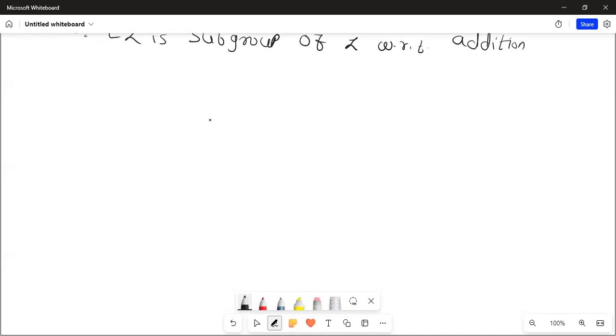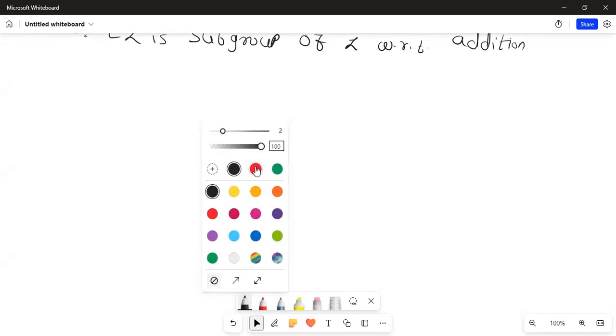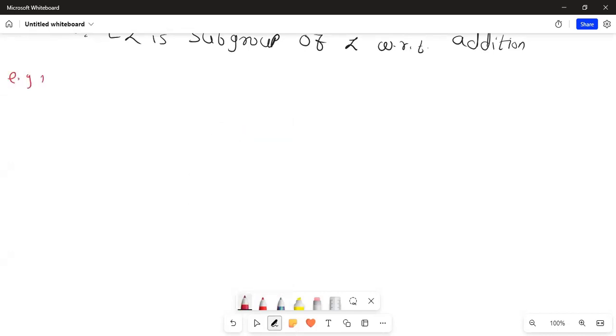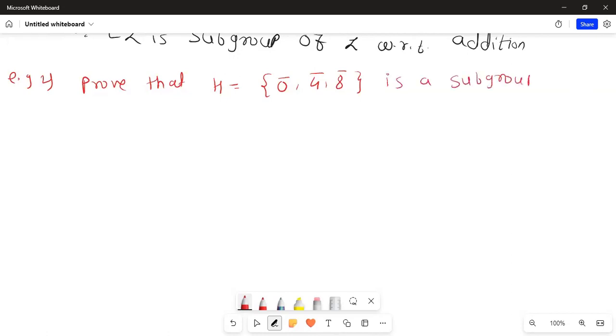Let's see one last example. Example number 2: prove that H is equal to {0 bar, 4 bar, 8 bar} is a subgroup of Z12 under addition modulo 12.